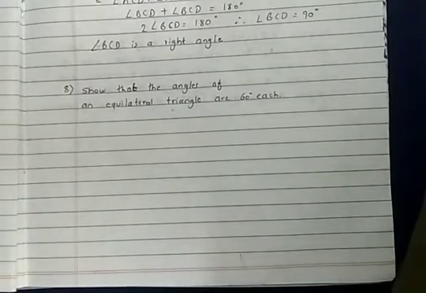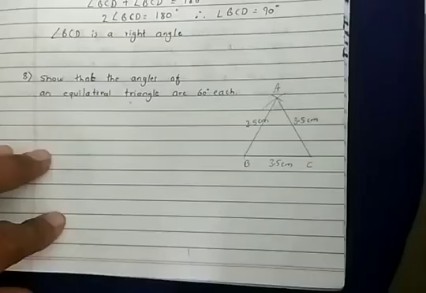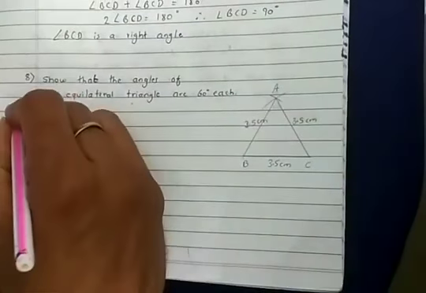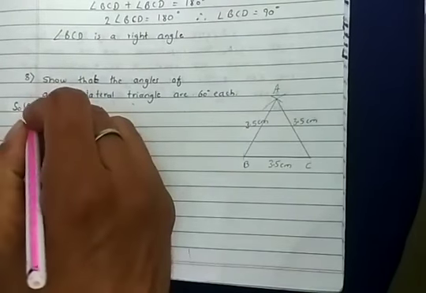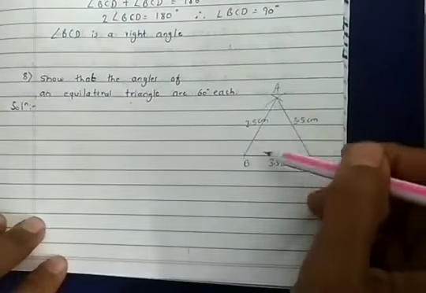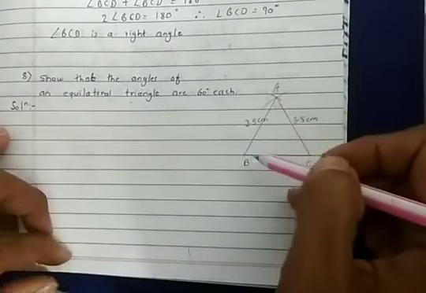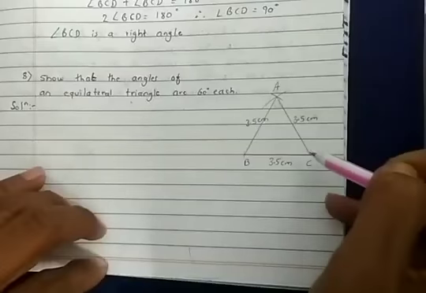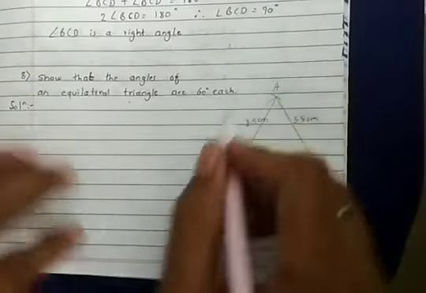So first of all, we will draw one triangle, right? We have drawn this equilateral triangle, means all sides are equal, like AB is equal to BC is equal to CA. All are equal to 3.5 centimeters, right?